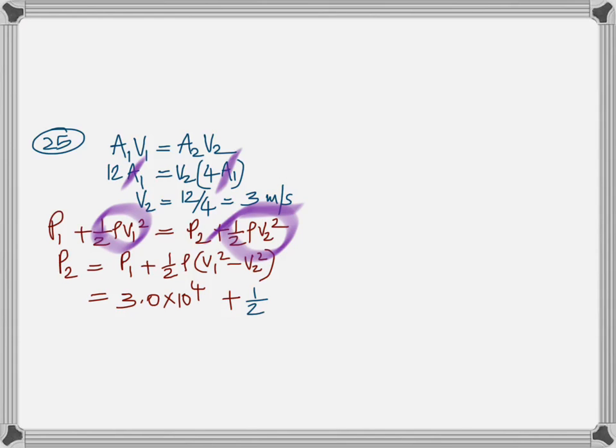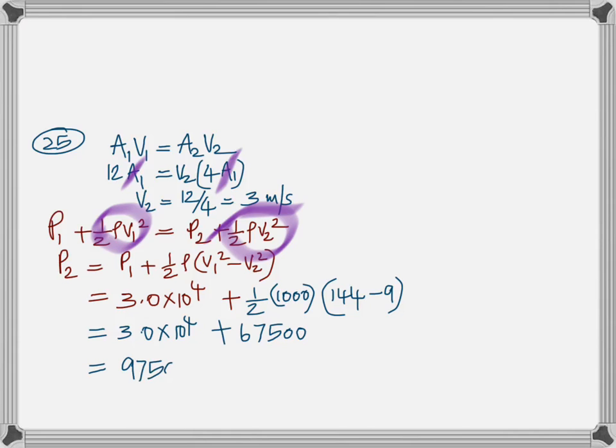It's given as 3 times 10 to the 4 plus 1/2 times the density of water, 1000, times 12 squared minus 3 squared, 144 minus 9. So I get the second term is 67,500. Add the 3 times 10 to the 4, you get 97,500 Newton per meter squared, or 97,500 Pascal. That is the pressure in the wider section. Thank you.